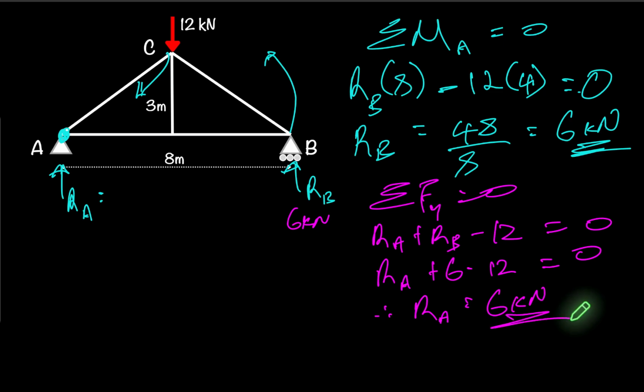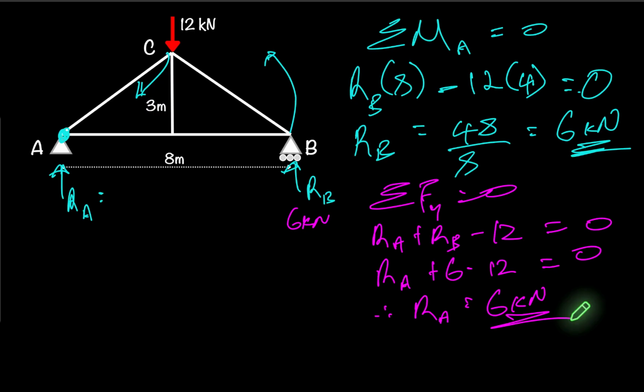And that's not a coincidence, because the system is a symmetrical system. So we expect that these 2 reaction forces would be equal to the same value. Now, one last thing before we move on to find the forces in each member. We're going to assume that every member is in tension, and that means we're going to draw the force arrows pulling away from the joint.